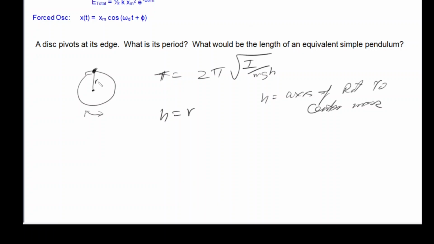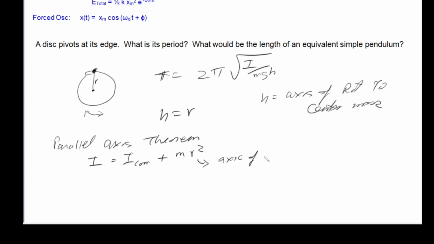Now the other thing we need to determine is what the moment of inertia is. Well, if you remember the parallel axis theorem, that says that the moment of inertia of an object is equal to the moment of inertia through its center of mass plus mr squared, where r is the distance from the axis of rotation to the center of mass.